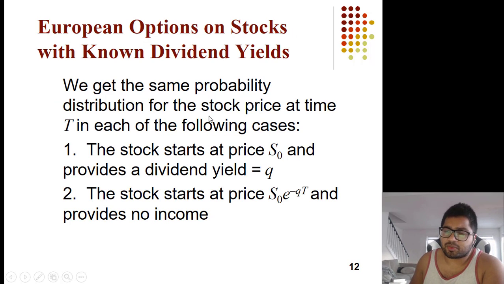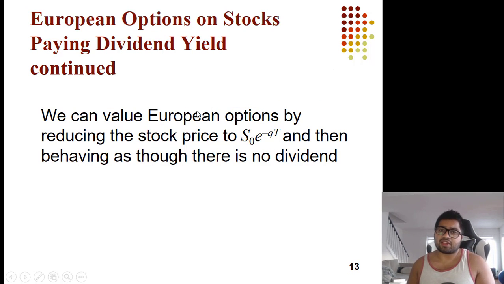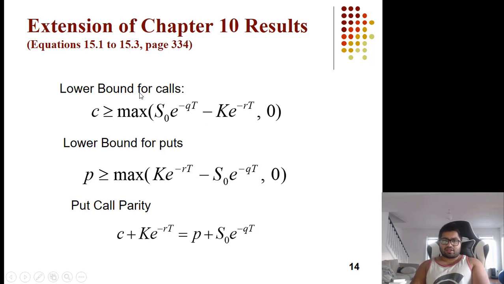When we get the probability distributions of stock at time t, stock starts at S0 and dividend yield is Q. The stock starts at S0 and provides no income. So what does it mean? Whenever dividends are paid, you have to discount S0 and then include it in your formula. We can value European options by reducing the stock price to S0 e^(-QT) and then behaving as though there is no dividend.